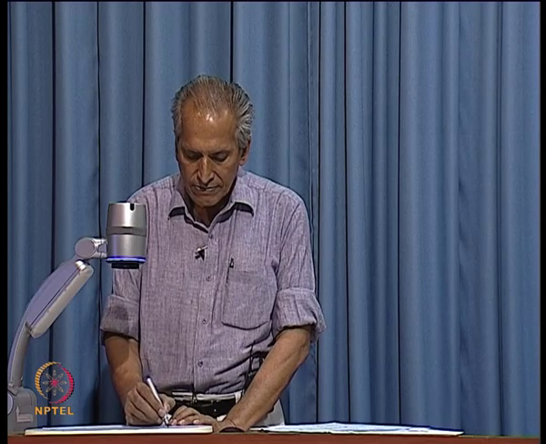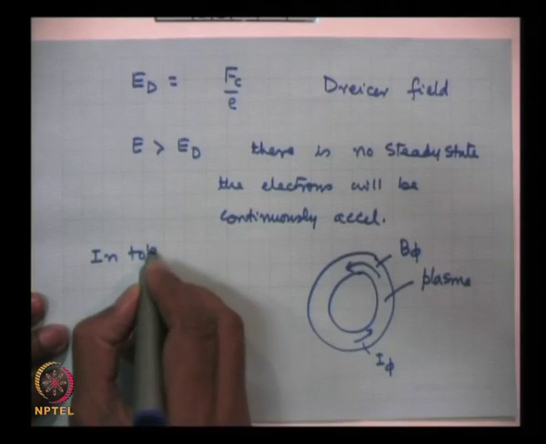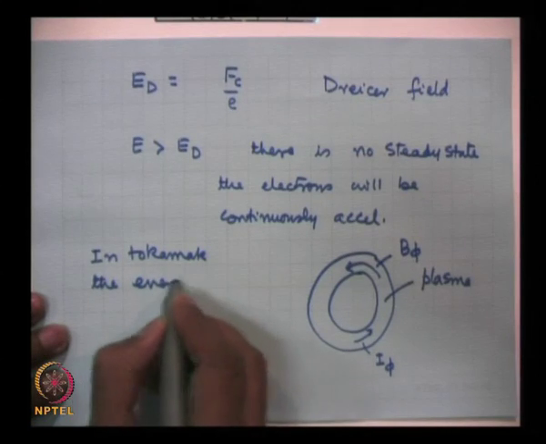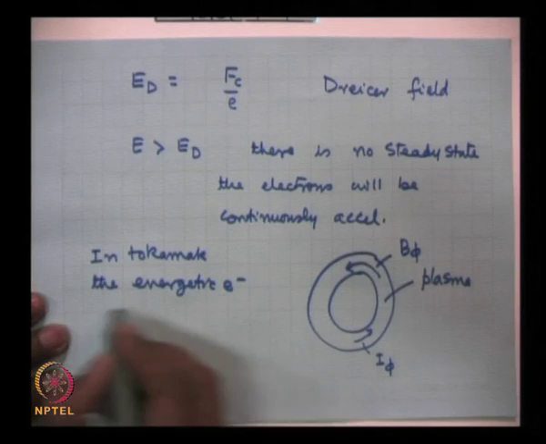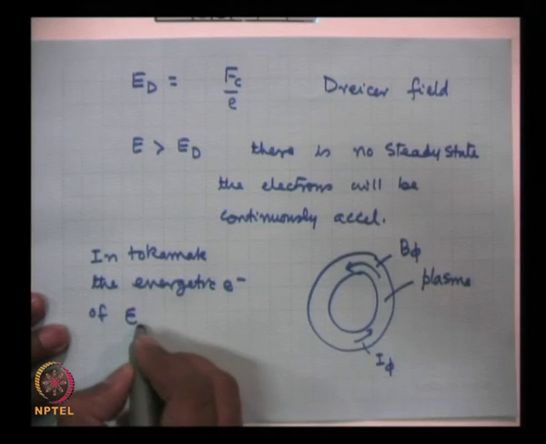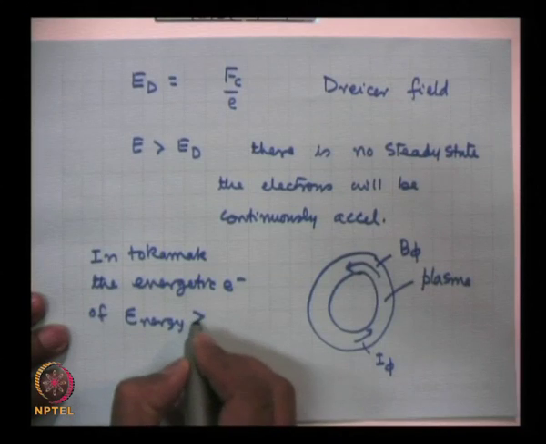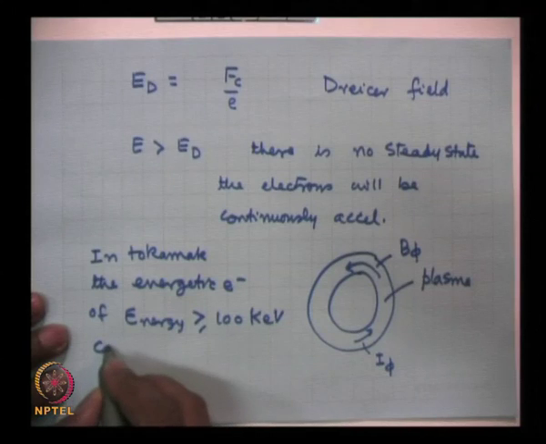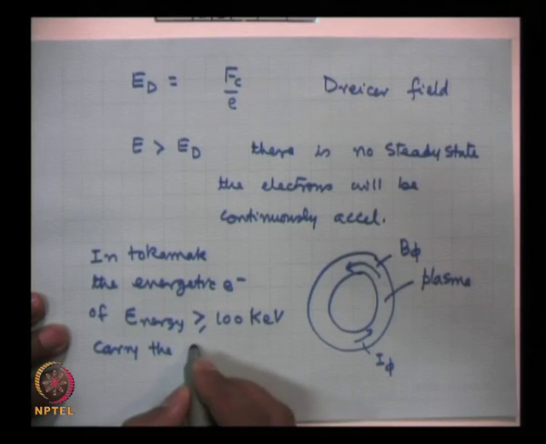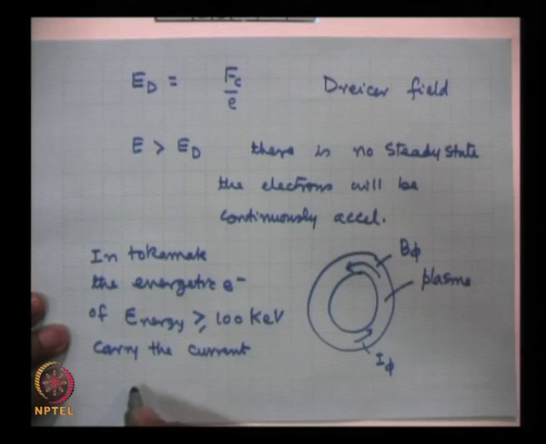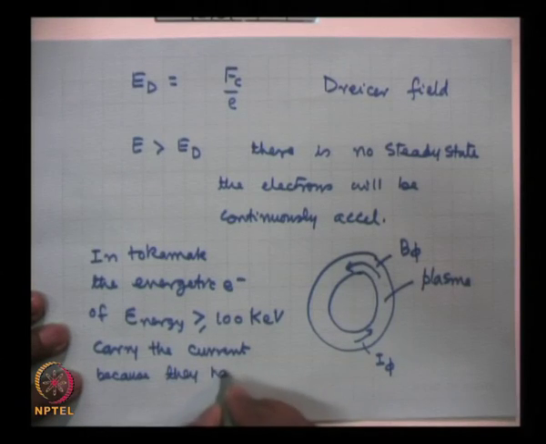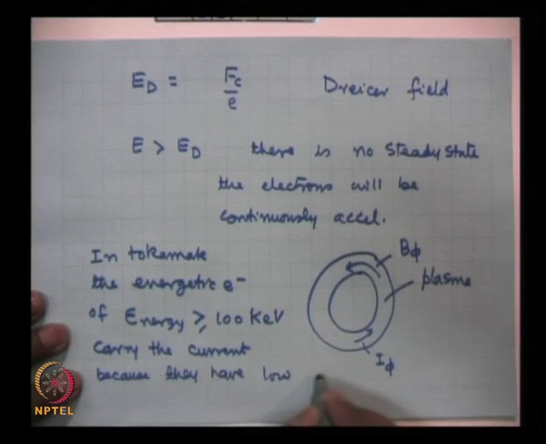So in the Tokamak, the energetic electrons of energy greater than 100 keV carry the current because they have low collisionality, low collision frequency.